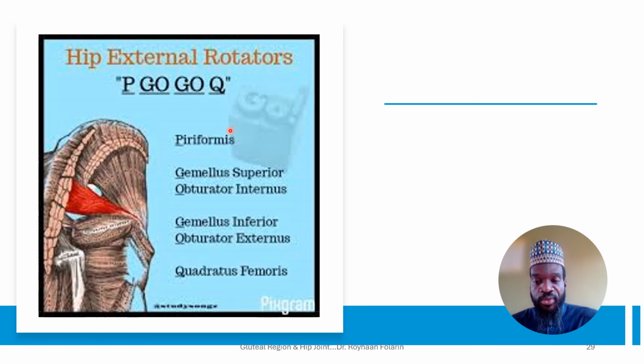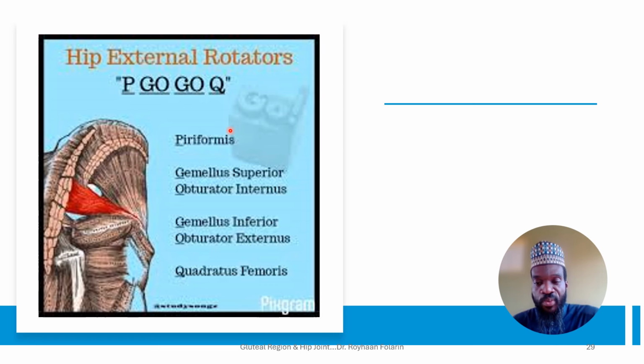So you could create something similar for the other movements in the hip joint, and I will be looking forward to your ideas and your suggestions in this regard. So you write an acronym for whichever of the hip joint movements, and then the list of muscles, in order to remember them easily. So the list of muscles that contribute towards each movement.